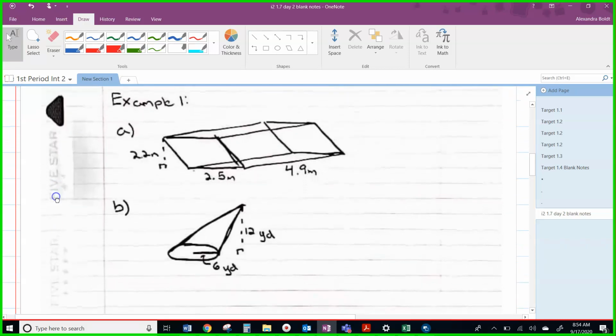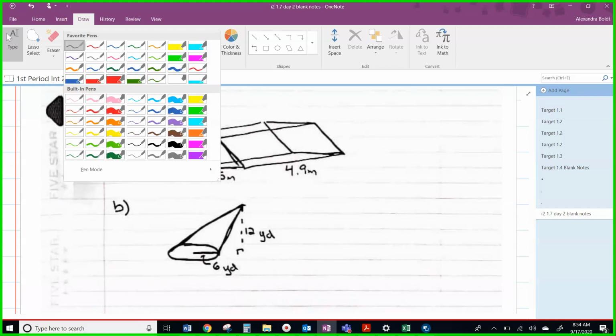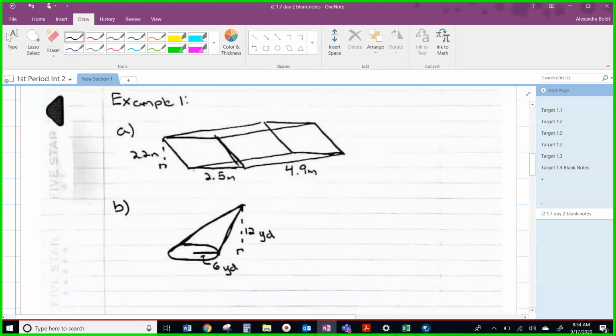So let's look at some examples. We have this slanted shape here, but this is still a prism. It's slanted, but my volume formula is still going to be the same. I'm still going to use length, width, and height.